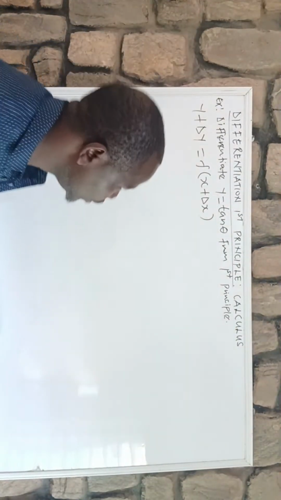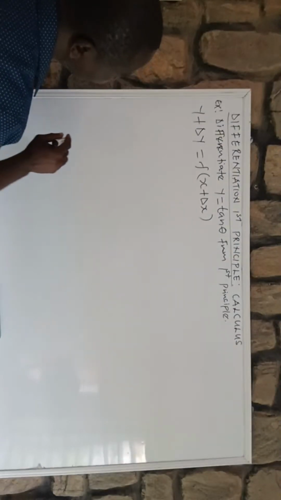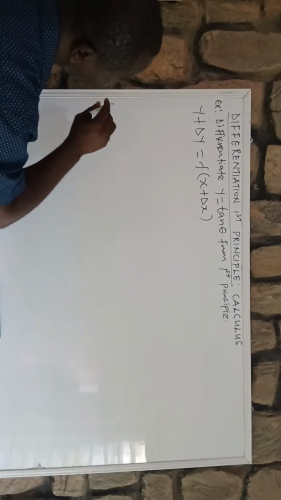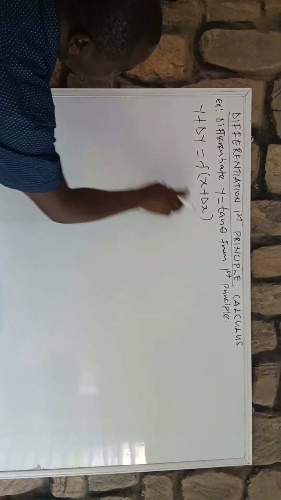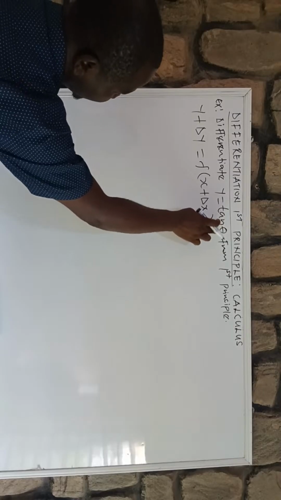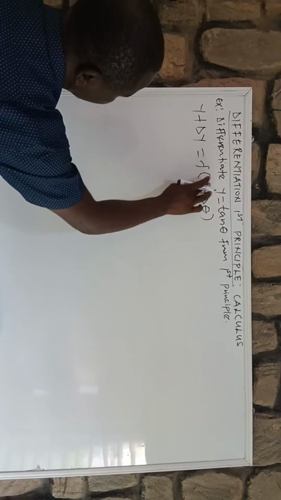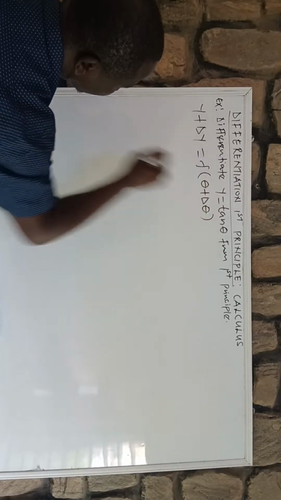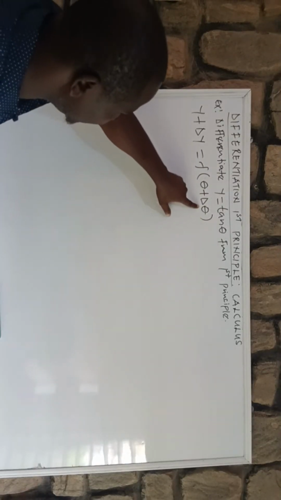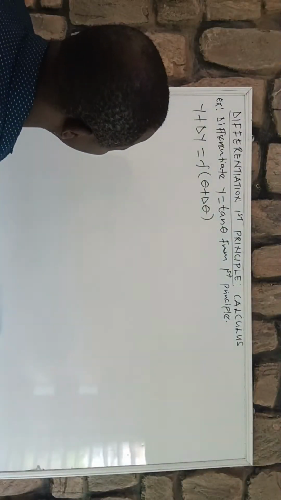So this means that, since we are dealing with theta, the independent variable here is theta. So here will be theta plus increase in theta. Is that clear? So far, so good.